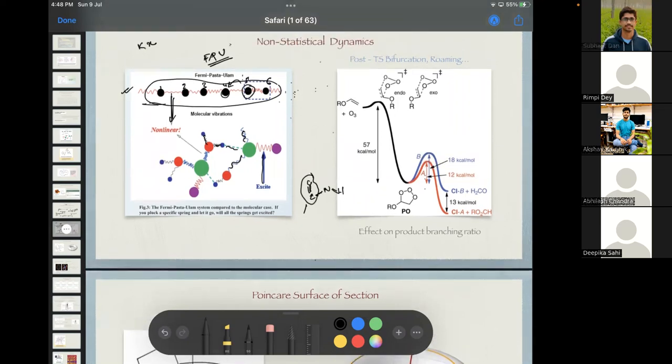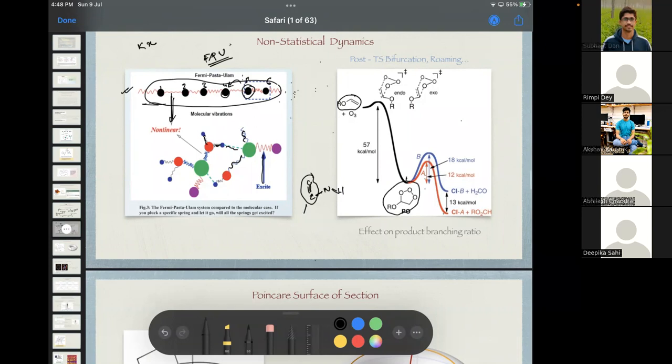And a real life example is an experimental one, let's say an ozonolysis study. From a reactant molecule, let's say the potential energy curve looks like this. There is an intermediate, and from this intermediate, two possible products can form.